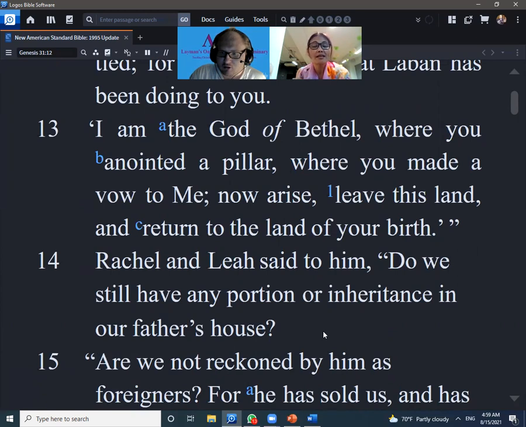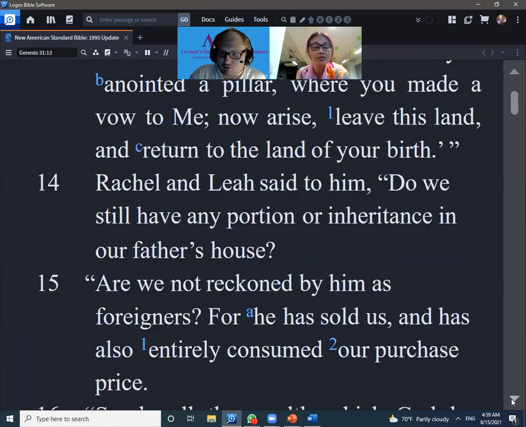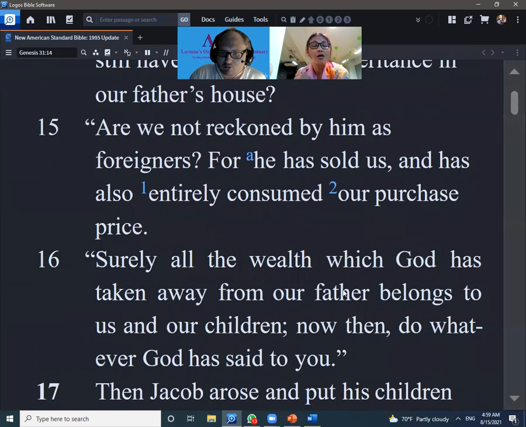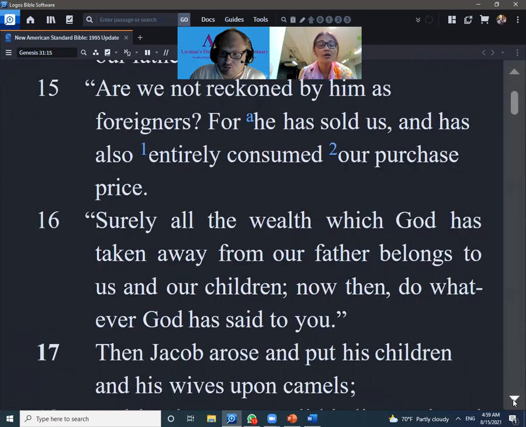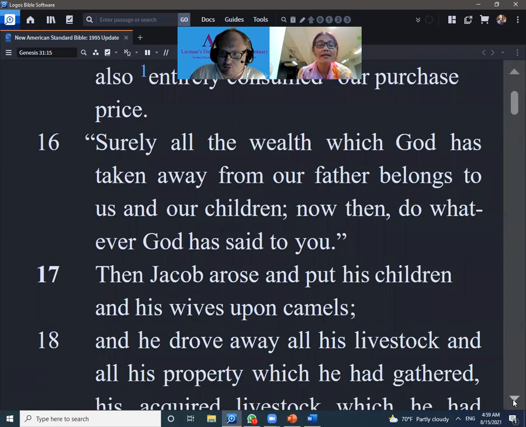Rachel and Leah said to him, do we still have any portion or inheritance in our father's house? Are we not reckoned by him as foreigners? For he has sold us and has also entirely consumed our purchase price. Surely all the wealth which God has taken away from our father belongs to us and our children.